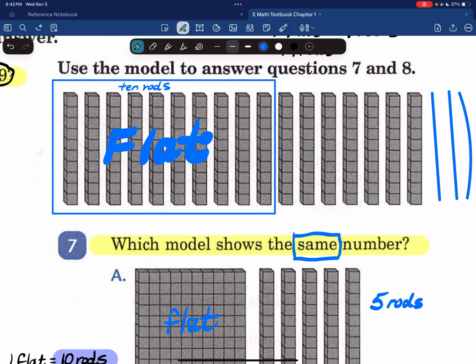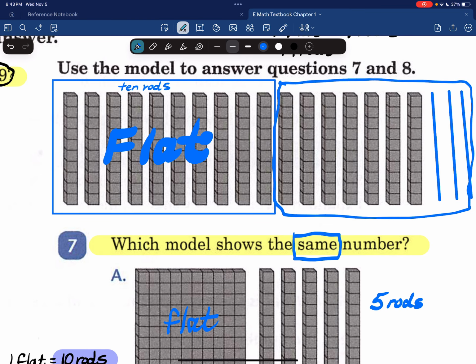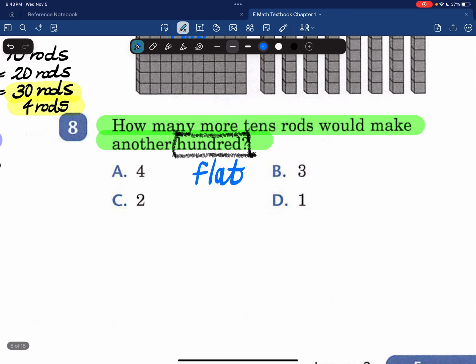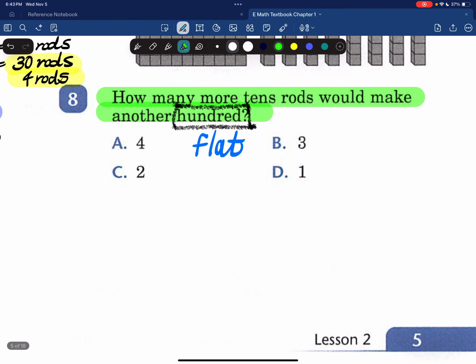So we would have to have 3 more rods to make another flat. That's all they're asking. How many more of those would you need before you could make another flat here? And we would need 3. So that answer is going to be B as in boy.